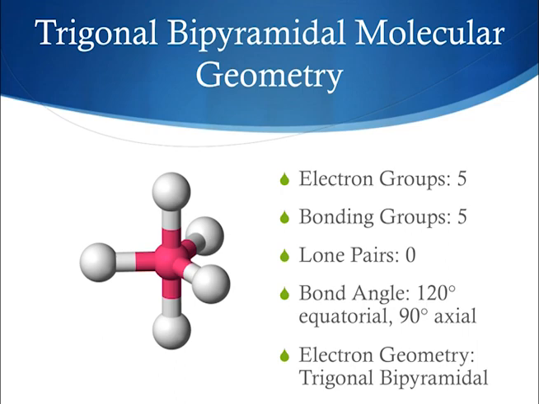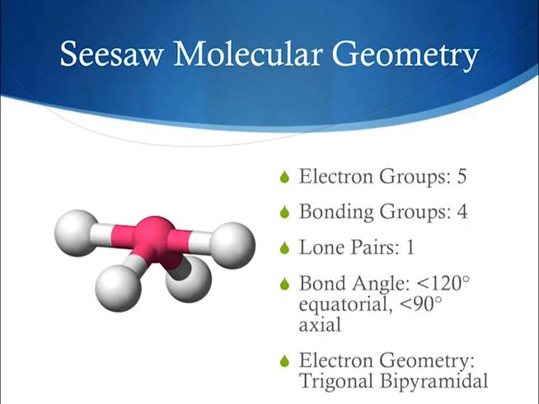Molecular geometry, once again, same thing as the electron geometry because our electron groups equal our bonding groups. The seesaw molecular geometry is the trigonal bipyramidal electron geometry with one lone pair. So we would have had an additional bonding group that would be right here.